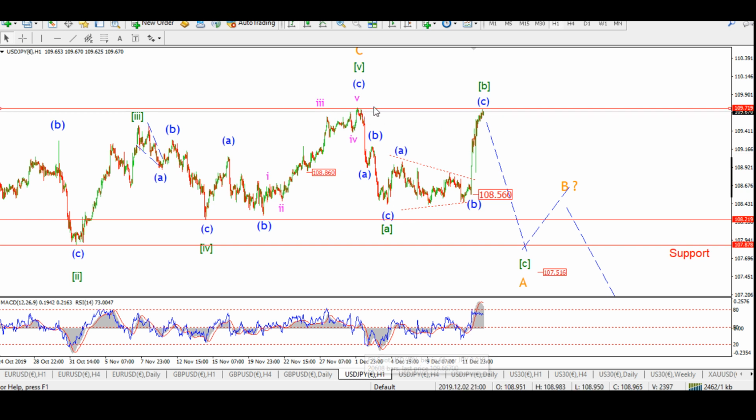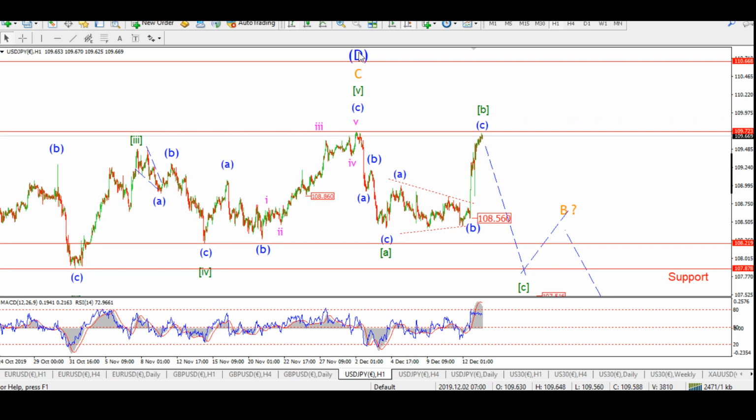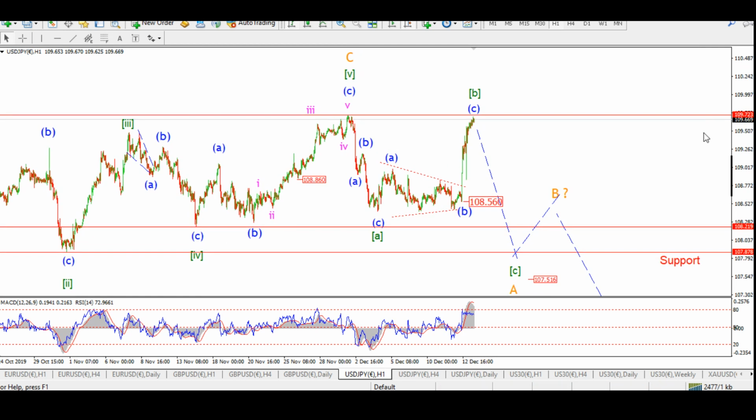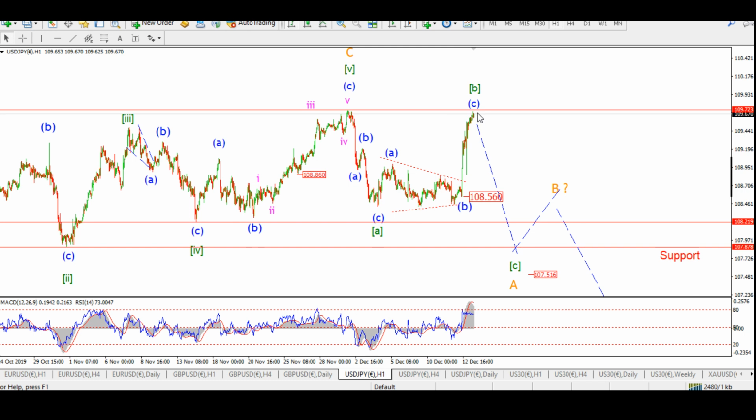We're almost up to that previous wave, let's call it wave C of D high there at 109.72. If we fall from here, then this count is still valid. But if we break to a new high, we'll just have to work with that again this evening.